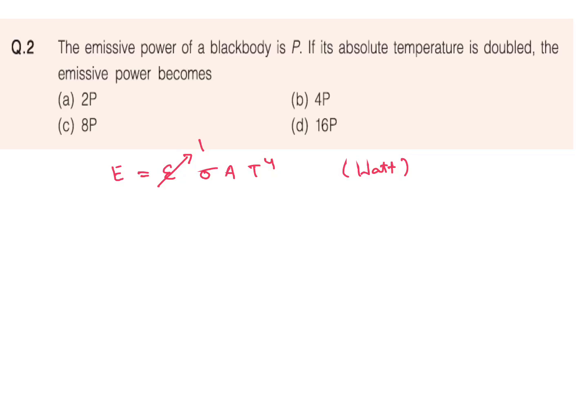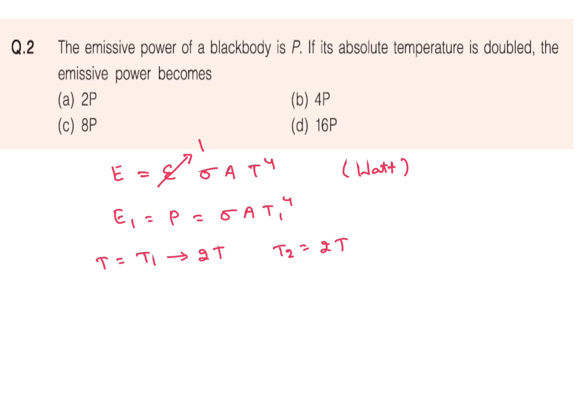In the second case, E1 is P, sigma A T1 to the power 4. In the first case T equal to T1, in the second case T2 is 2T, it's doubled.